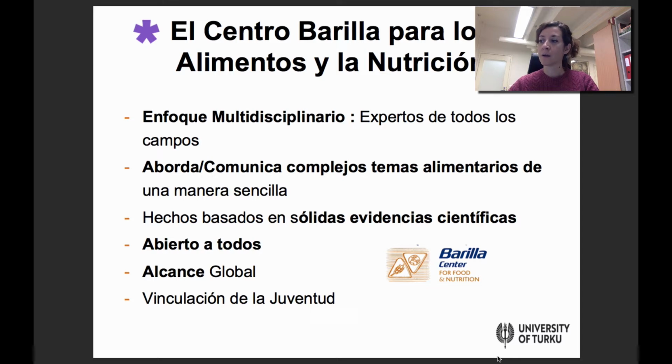One of the aims is to communicate complex issues regarding food in a simple way, because the idea is to be open to everyone. So to have very strong scientific evidence, but also to be understandable by everyone, not just by academics.